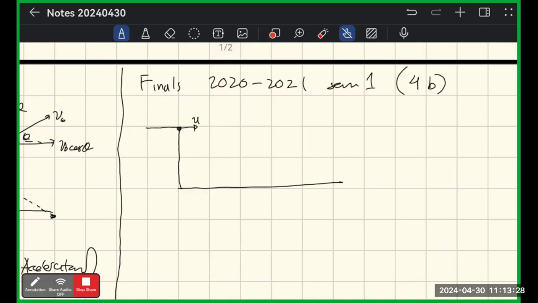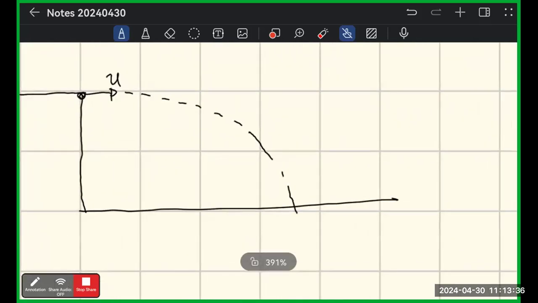Derive an expression for theta as a function of time as the ball follows the projectile's path. So this is the path given, and at any time here, it will create an angle theta with the horizontal here. So you have to find this theta.